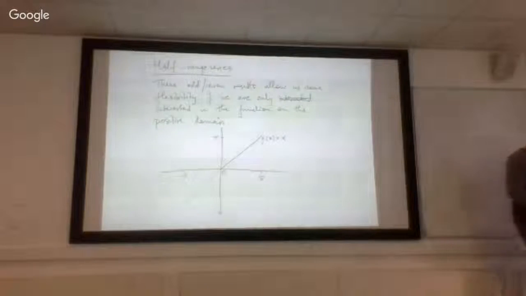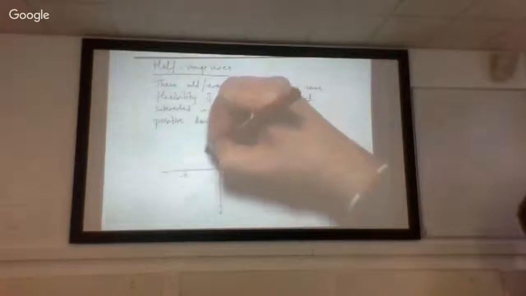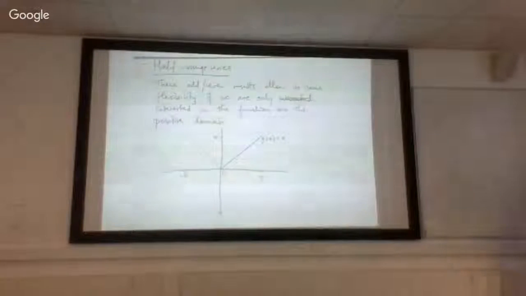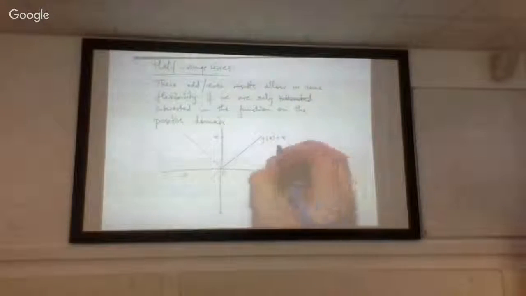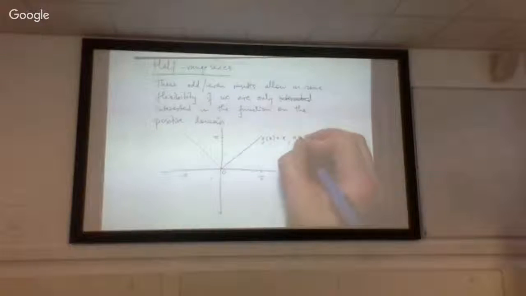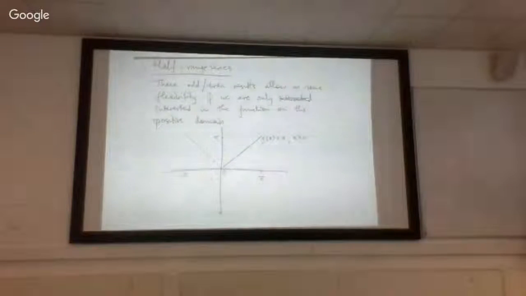However, we might also think about continuing it in a different way. So this is g of x equals x for x bigger than or equal to 0. This down here would be the function if we continued it as still g of x equal to x for every x less than or equal to 0.